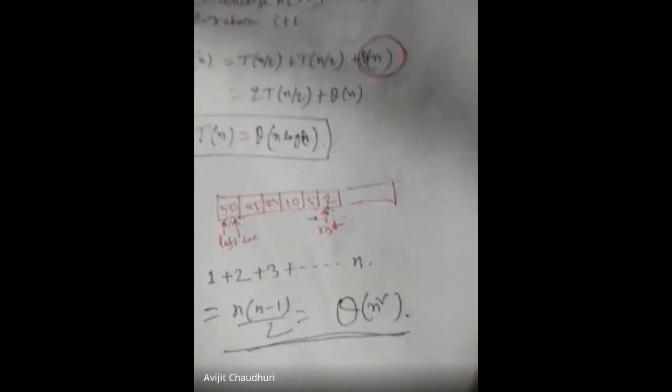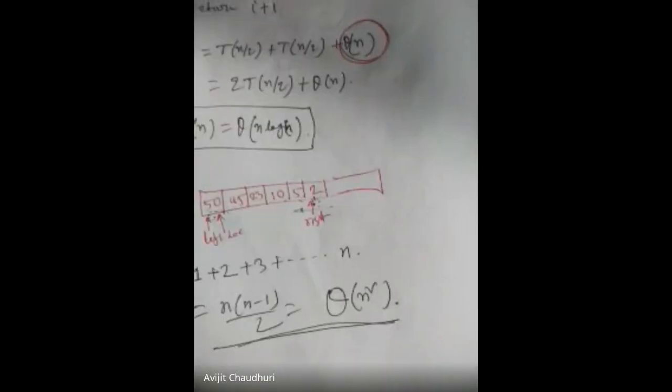Sir, what is written in the average case? T(n) will be equal to theta of n log n. No, this is not the best case, this is the average case.